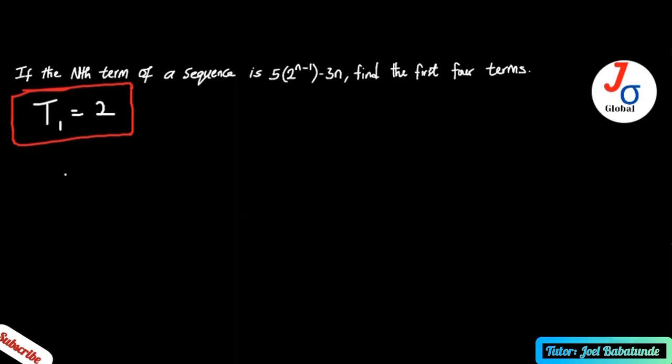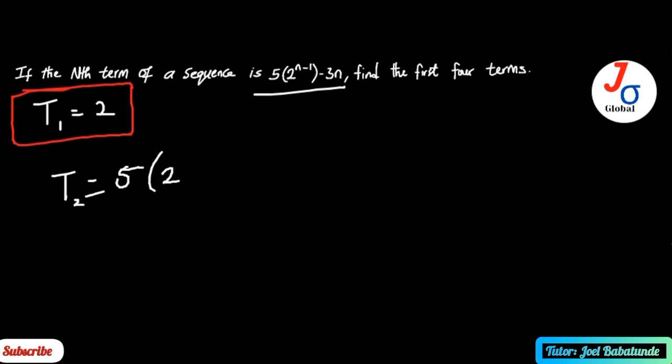Let's go for our second term. Following this general formula, n is 2, so we have 5 times 2 raised to the power of 2 minus 1, then minus 3 times 2.